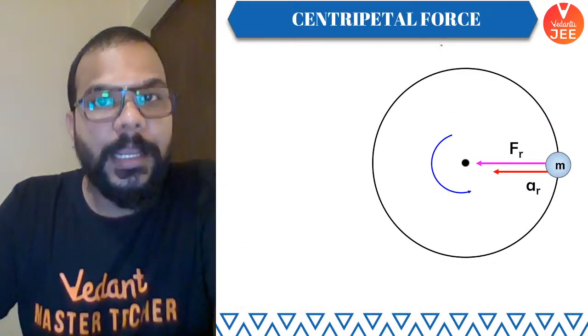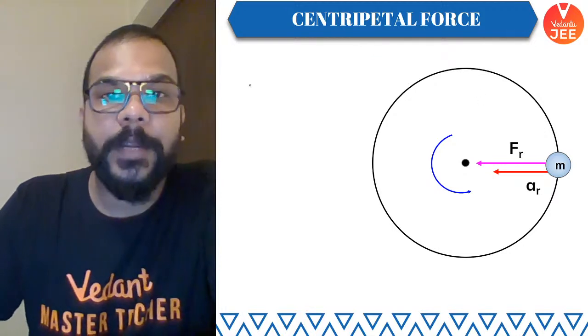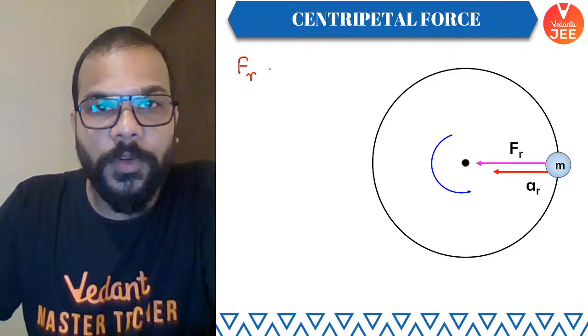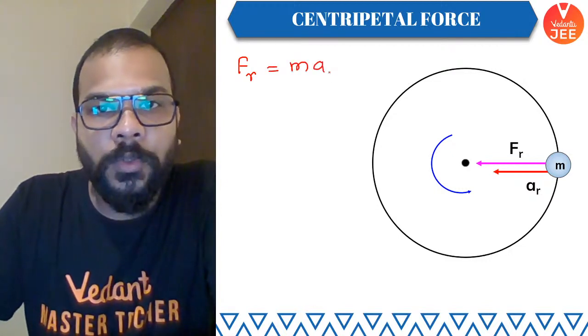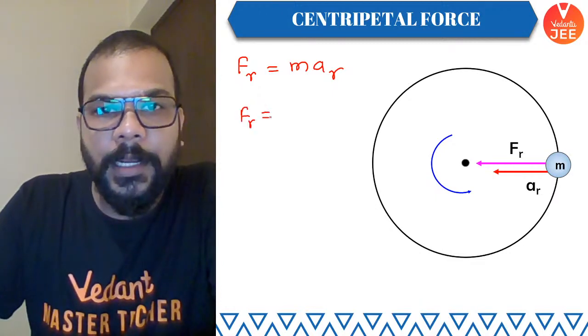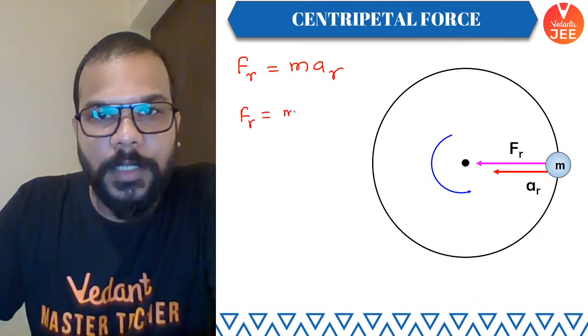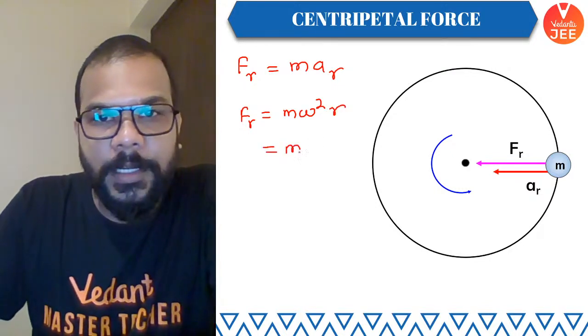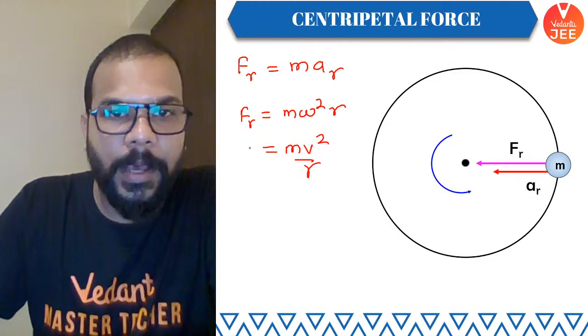Centripetal acceleration is the result of centripetal force. Means I can say that your centripetal or radial force is nothing but mass into centripetal acceleration. So simply your radial force or centripetal force comes out to be m omega square into r, or it can also be written as m v square by r.